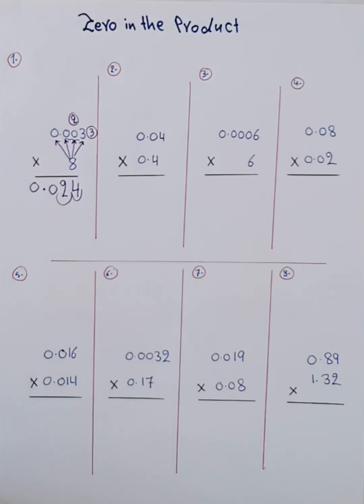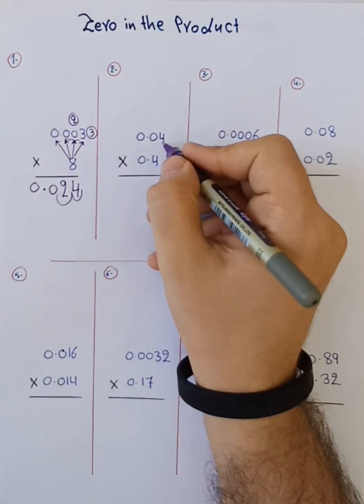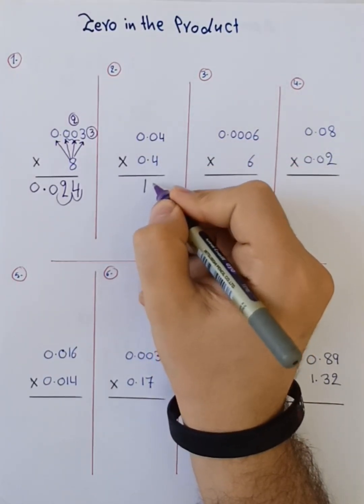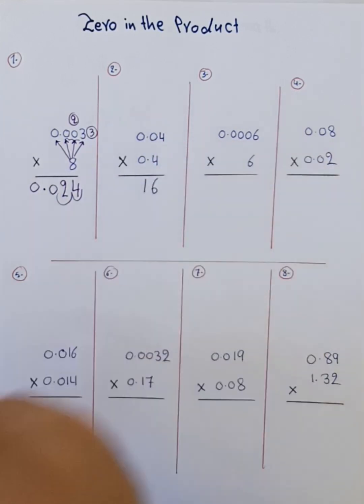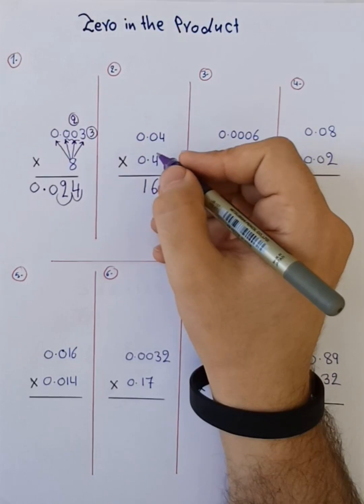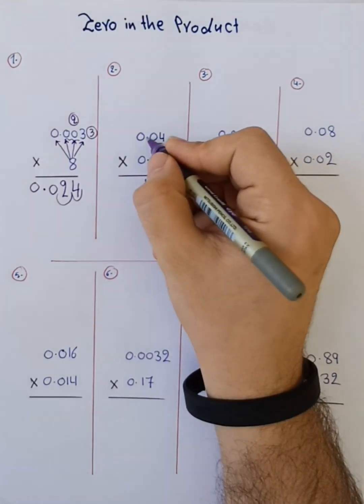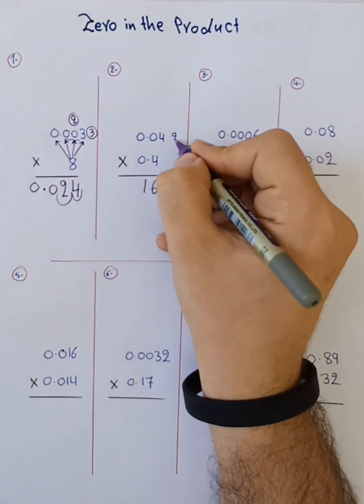Example number 2, we have 0.04 hundredth multiplied by 0.4 tenths. So 4 times 4 is 16. You can skip to multiply 4 by these two zeros because you will get another 0. So in the first number, after this point, you have 2 numbers.